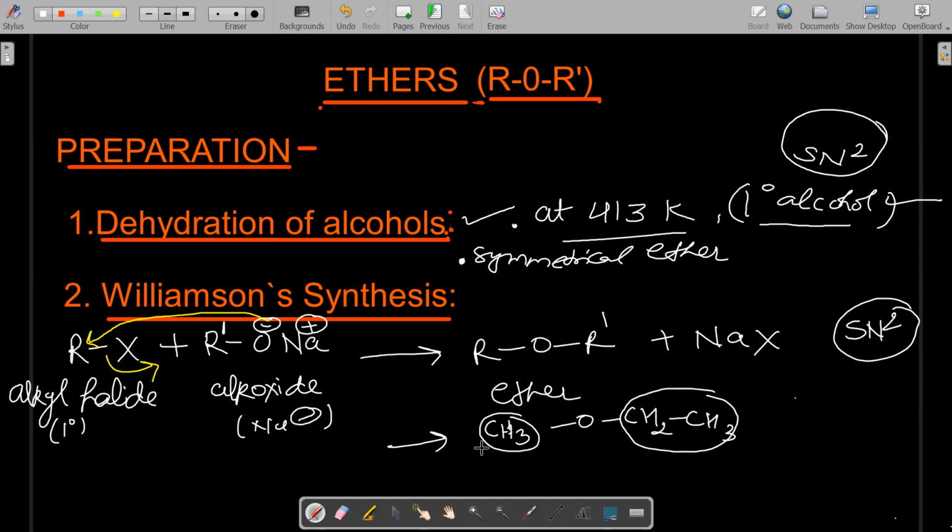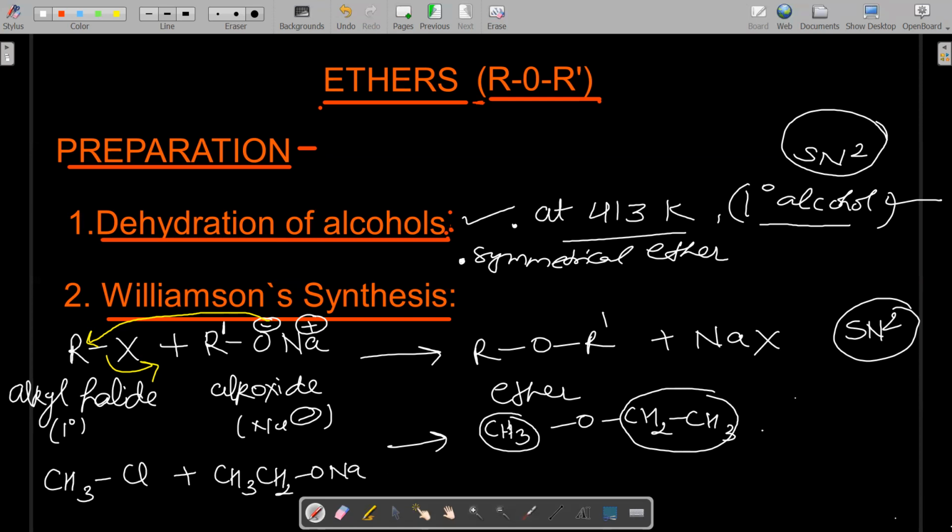So what are the conditions for Williamson synthesis? The alkyl halide should be primary and have a lesser number of carbon atoms. So we take CH3 as the halide, suppose Cl, and the larger carbon, the ethyl group, as the alkoxide.